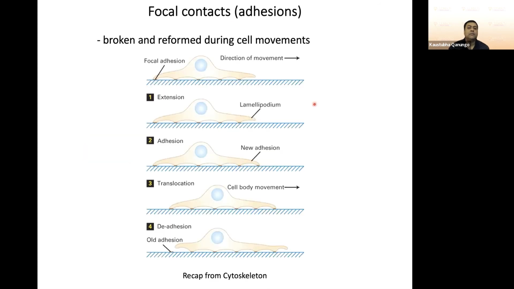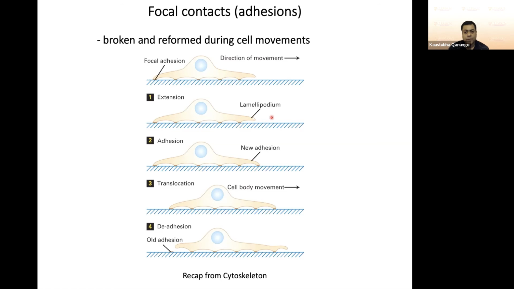And now this is the picture that I was talking about. Very, very simple. So as the cell moves, if it's a motile cell, constantly these focal adhesions are going to get attached, and they are going to get detached as well. So there is a regulation of that. So you can see that these are the focal contacts, and the lamellipodia will extend into this area.